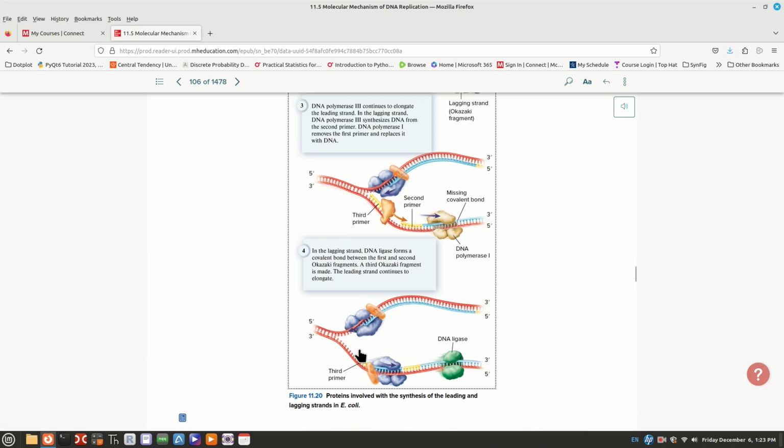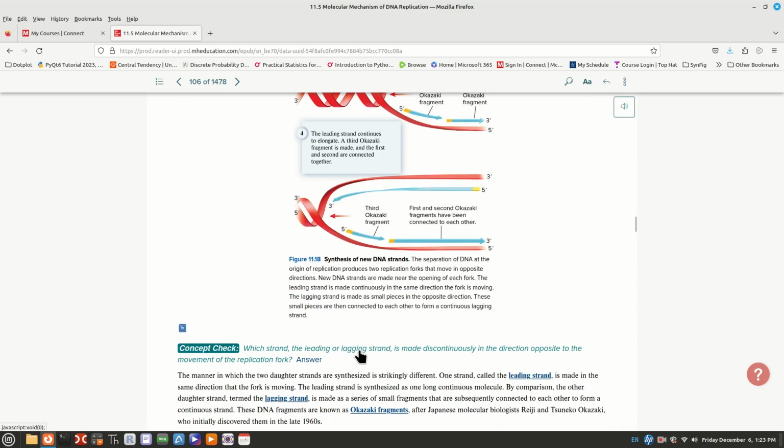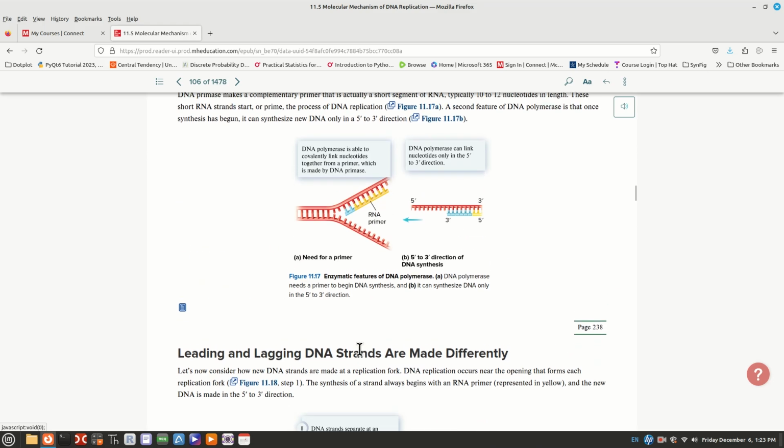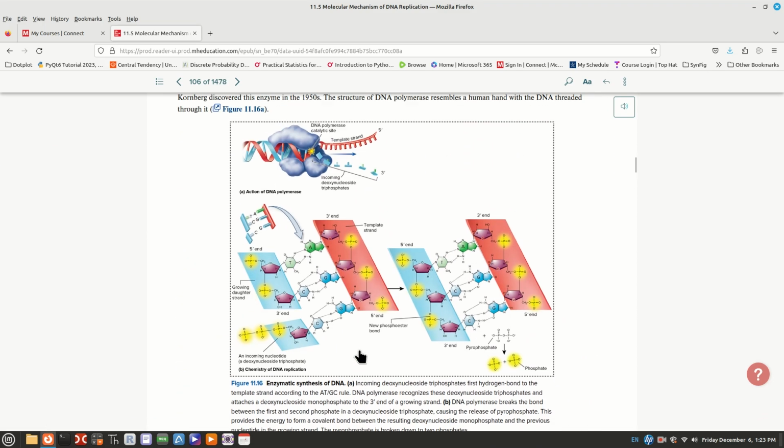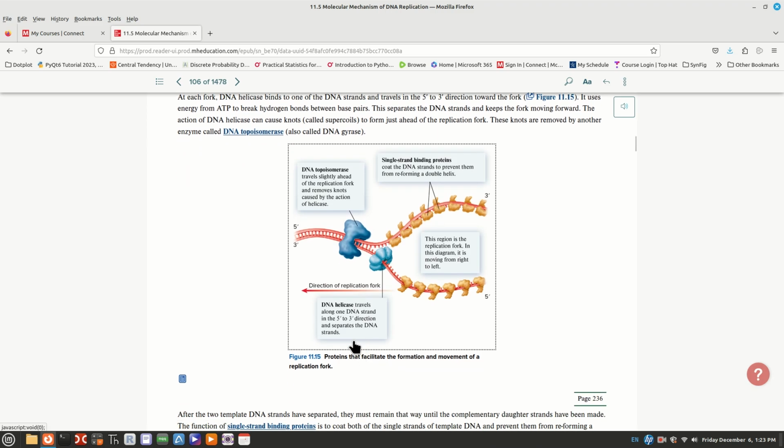So 11.20 and 11.15 are the two you have to combine.